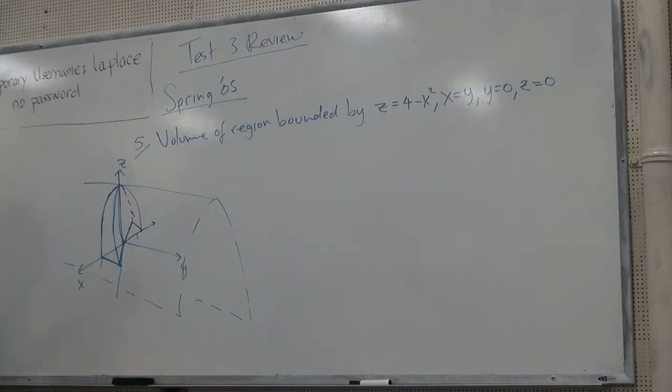But the question didn't really say that. It said it's bounded by the plane y equals 0, so only consider the first one. We have the same problem. But y equals 0 is also the same on the other side.